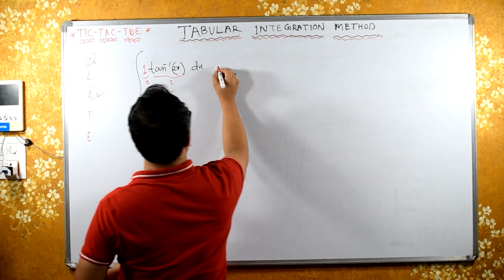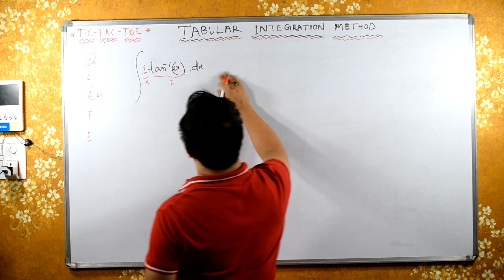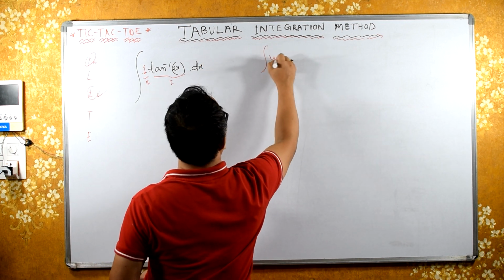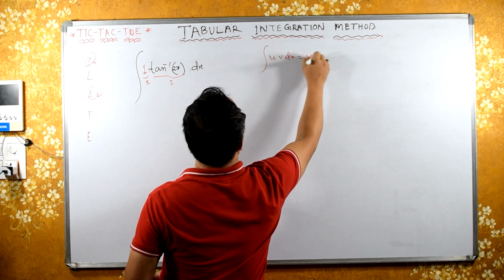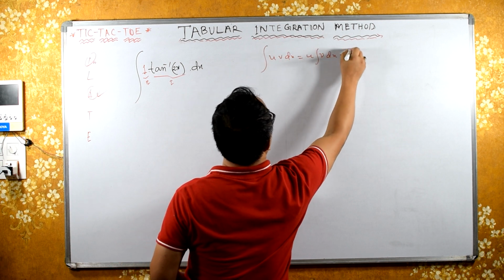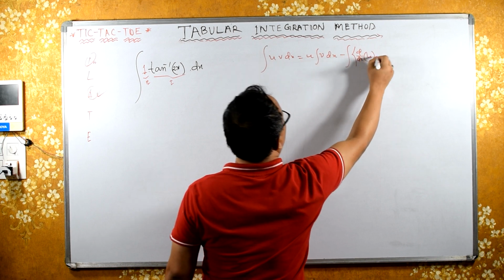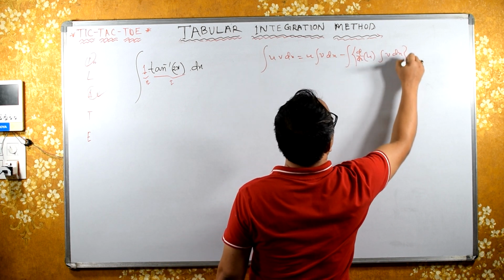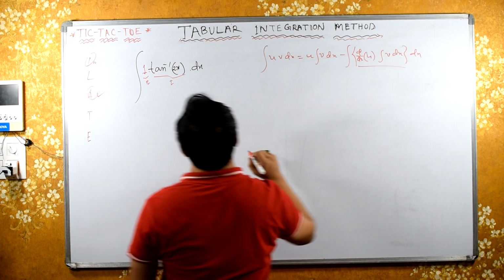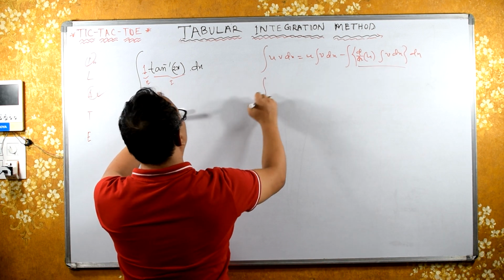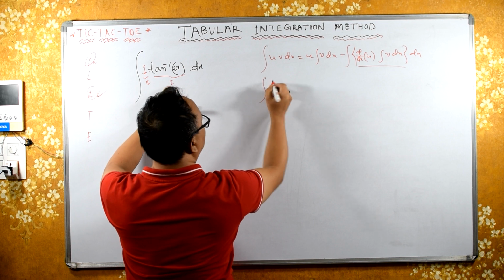Let me write down one step over here. By integration by parts, we have integral u v dx is u integral v dx minus integral d by dx of first function u, integral v dx, dx. Now over here, what is the first function? First function is tan inverse x.